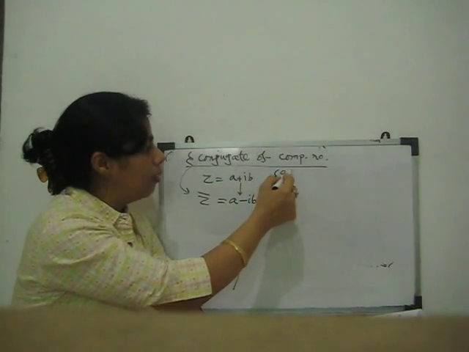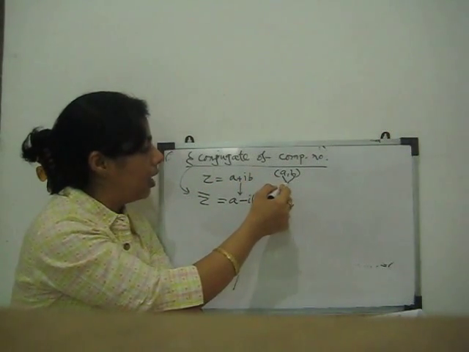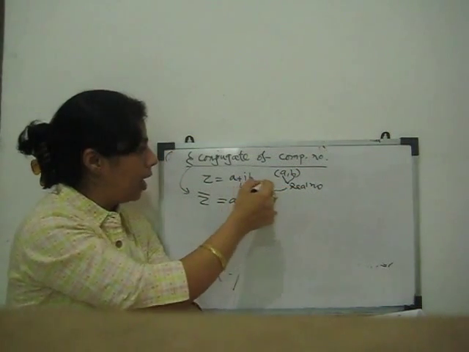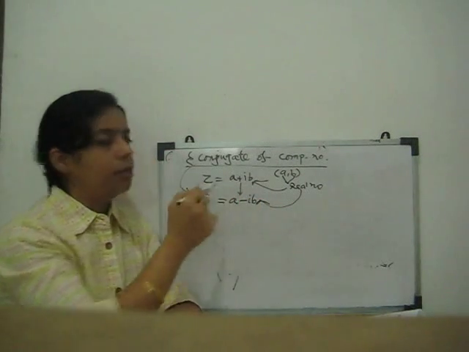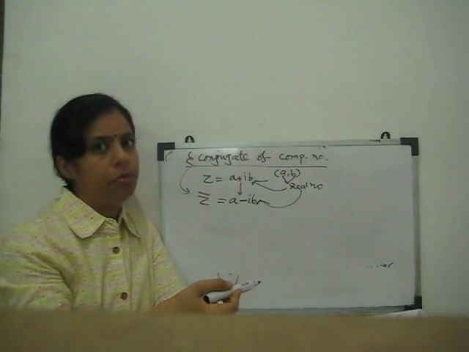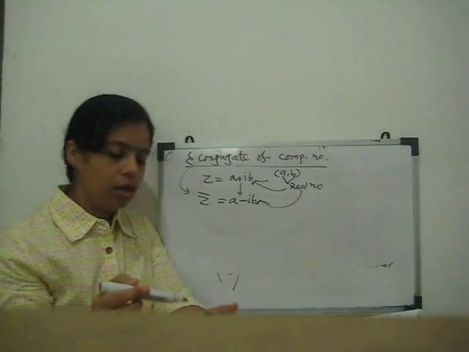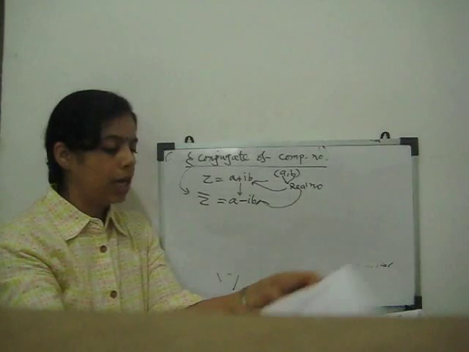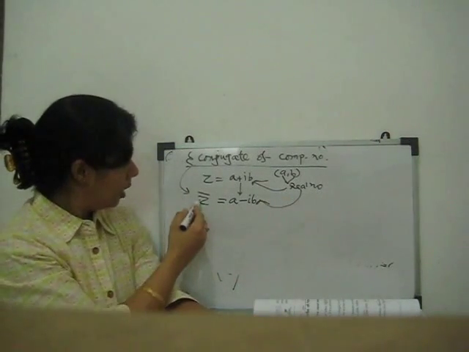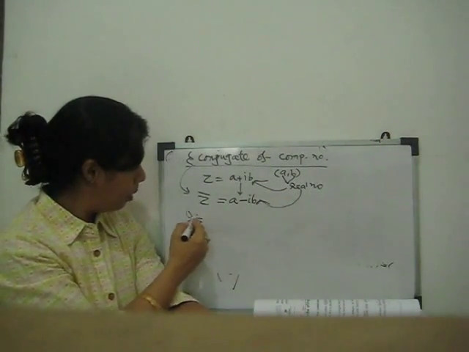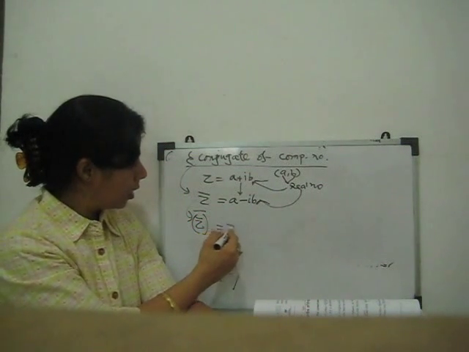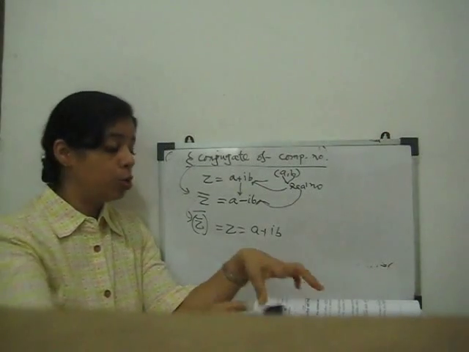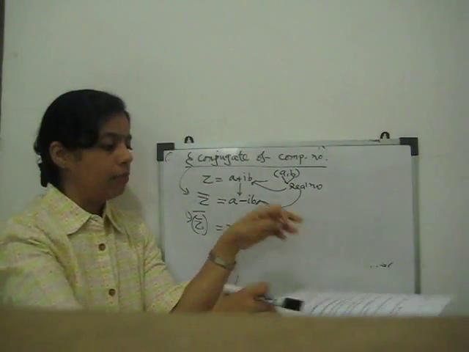Here a and b are real numbers, and for both z and z bar the real numbers are a and b. So z bar is called the conjugate complex of z. Again, if we take its conjugate, then z bar of bar is again z, a plus iota b. So this is called the conjugate complex of the given number.